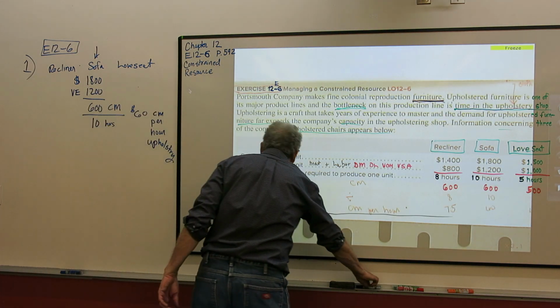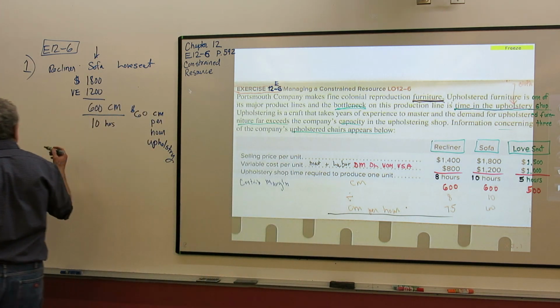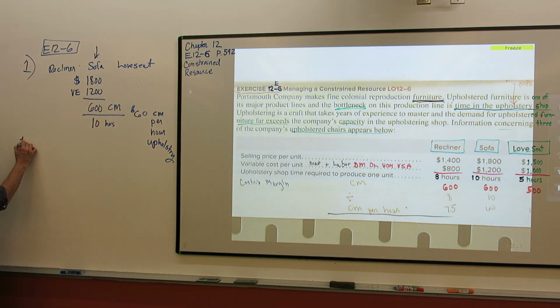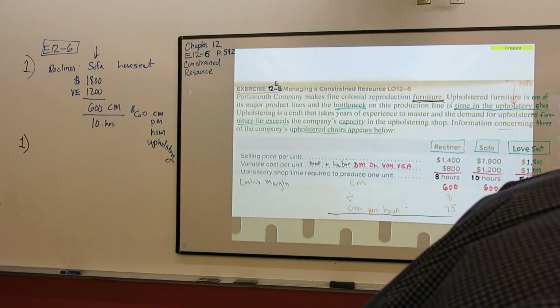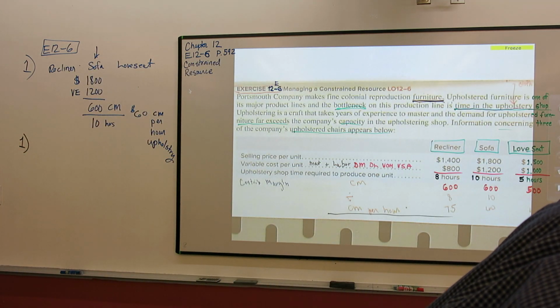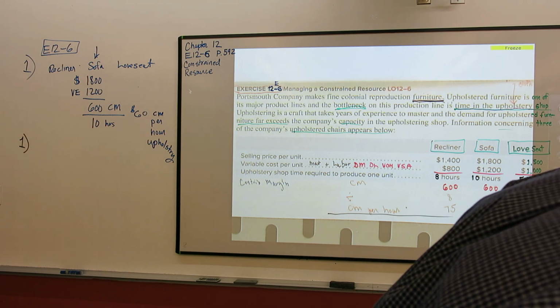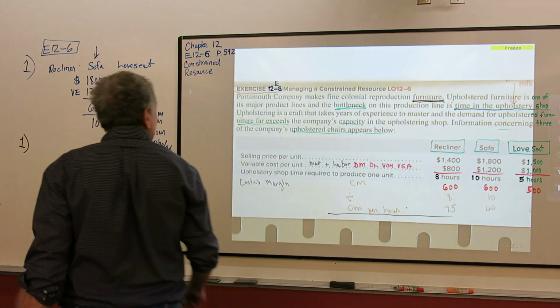So the answer to 1, I'm still on 1, and I want to write the answer the way they've asked it. How much would you be willing to pay?